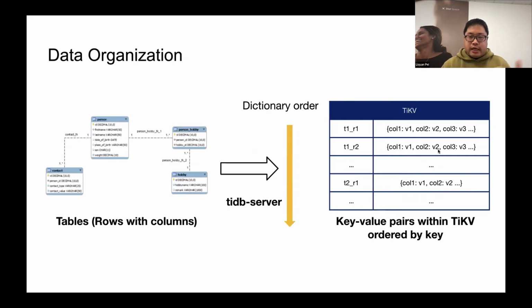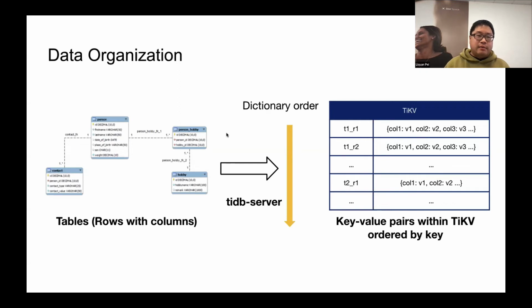In the next few slides, I'll talk about how TiDB achieves auto sharding as well as global secondary indexes. The data in TiDB is actually stored as key-value pairs in TiKV.